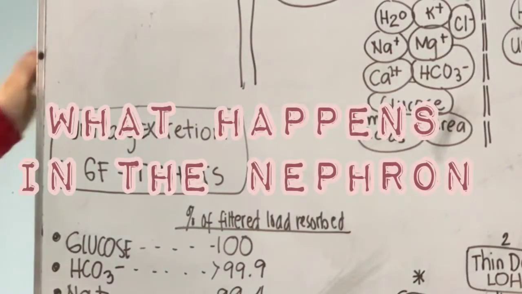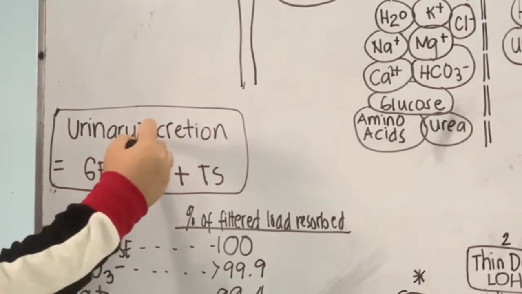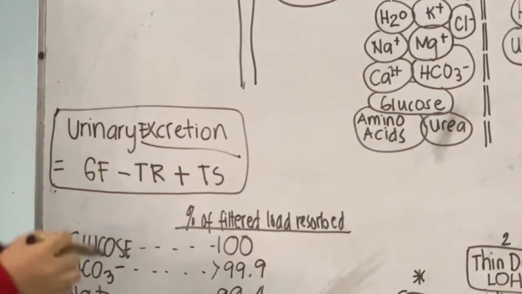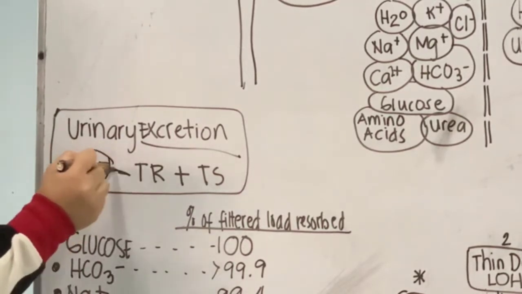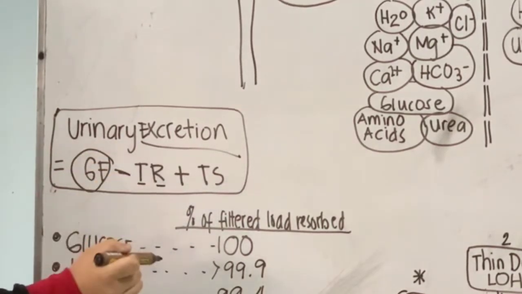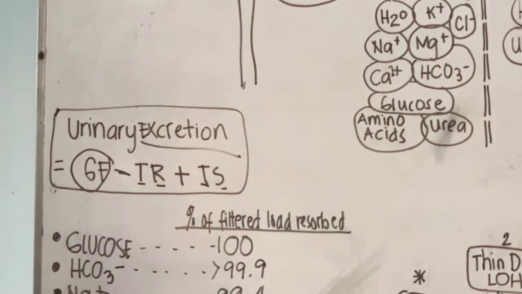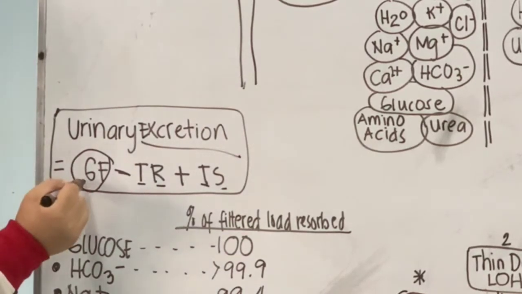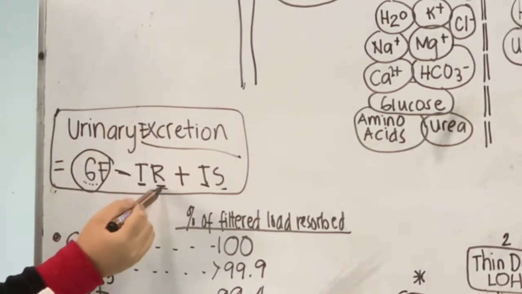So this is the formula for urinary excretion or the amount of urine that your body processes on a daily basis. So this is your glomerular filtration minus your tubular reabsorption and then plus your tubular secretion. So it happens in that specific order. So una, ang blood, i-filter, and then masubtract ang tubular reabsorption.